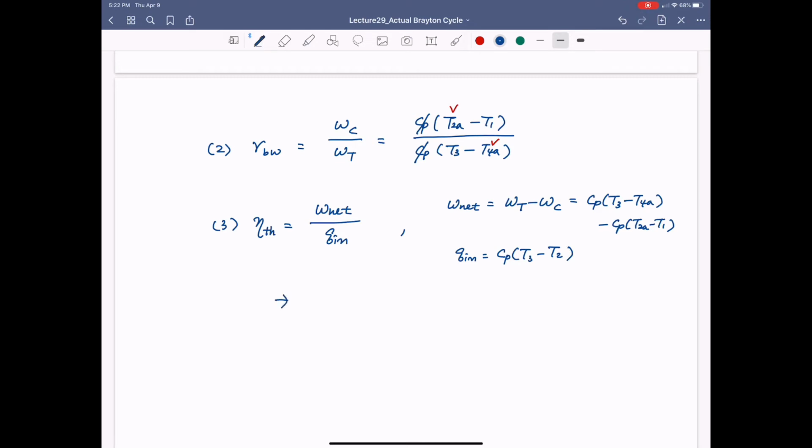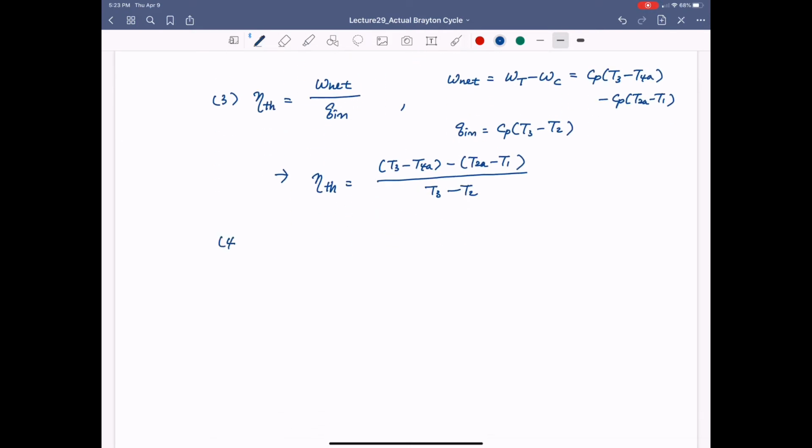So from this equation, the thermal efficiency can be written only in terms of temperatures, because CP are all there and CP can be cancelled out. So let me write that equation. Right? So we know all temperatures that we can calculate it.